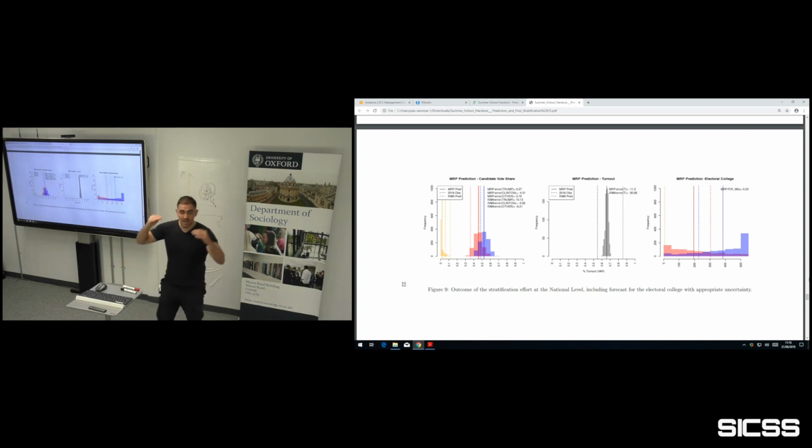Sorry, I just want to make this point come across. Understand that at this level, the state level results from last year are not playing any role. They play a role at the individual level model insofar as they were correlated with individual level responses.